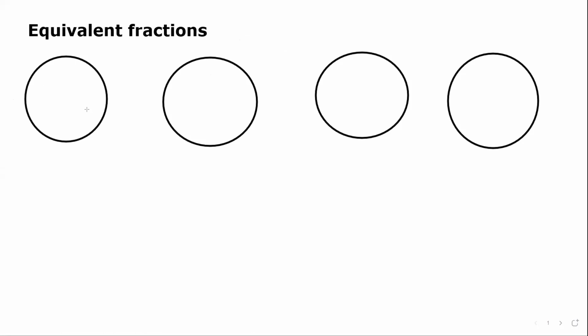Now we have 4 units of oranges. Each orange here represents a unit, or a whole, and it is 1.